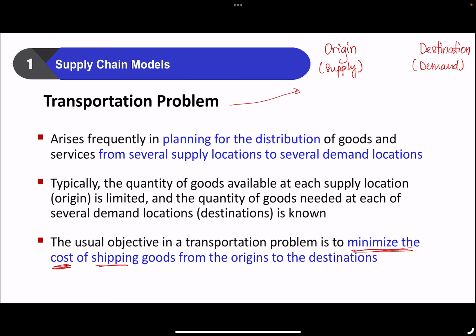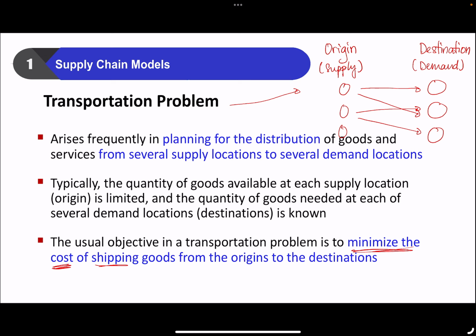So we will have a few supply locations or origins, and then we want to deliver goods to certain destinations. What is the best number of units that should be transported from the origin to the destination?